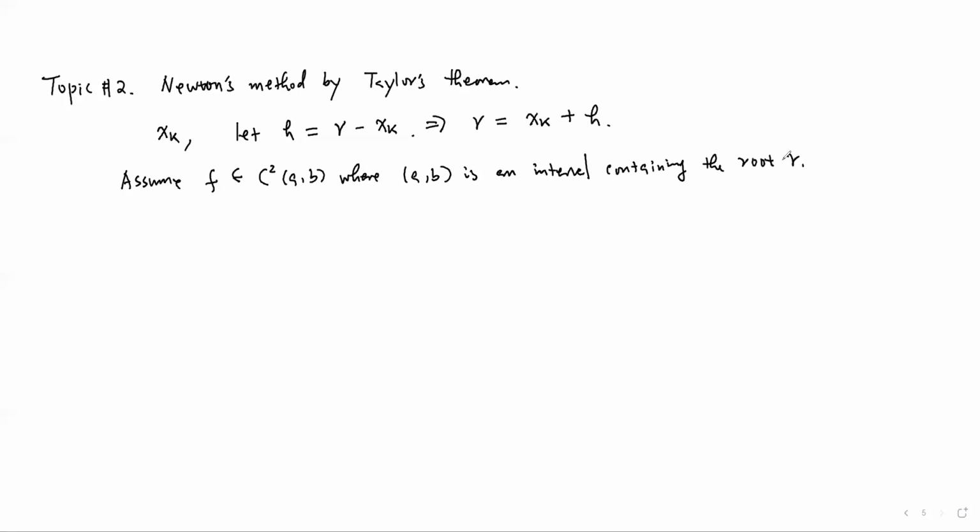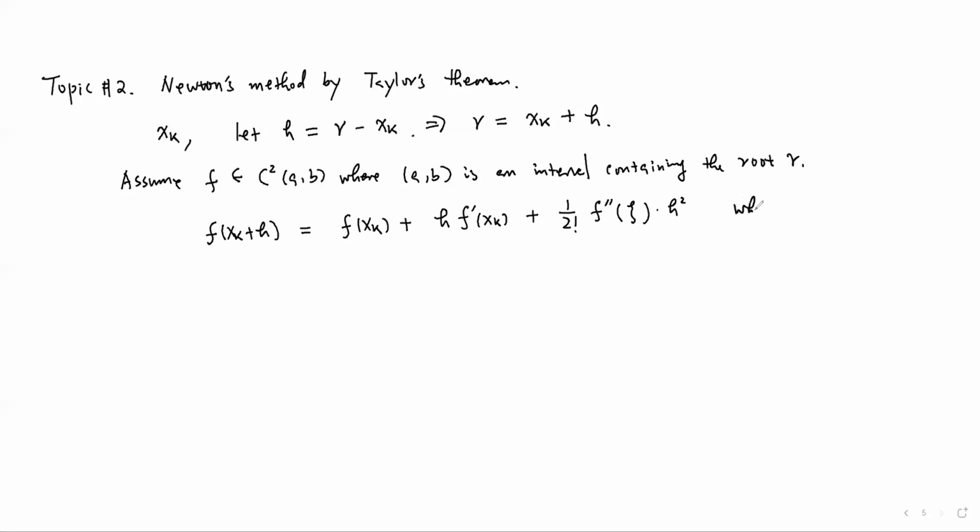Okay, now I apply Taylor's theorem. Now f of xk plus h. Actually, this is the root r. I expand f of xk plus h by Taylor's theorem: f at xk, plus h times f derivative at xk, and then plus the error term 1 over 2 factorial f second derivative evaluated at some point psi times h squared.